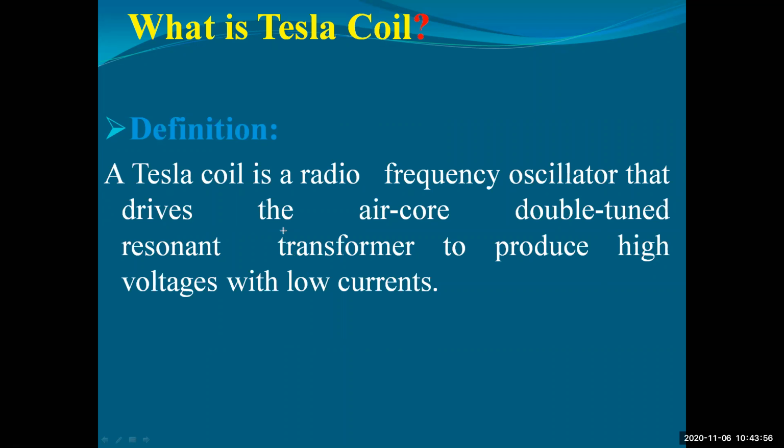Because of Tesla, nowadays we transmit signals from one place to another. Mobile phones work based on the Tesla principle, high frequency signals. To transmit signals from one place to another, we require radio frequency, which can be developed by using the Tesla coil.